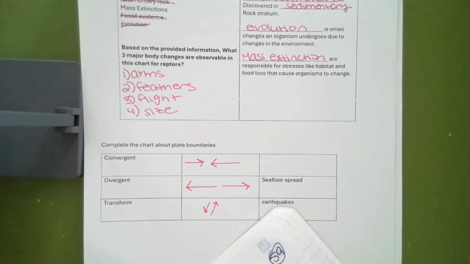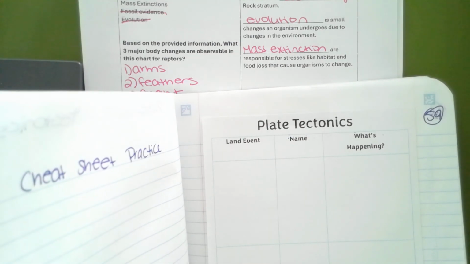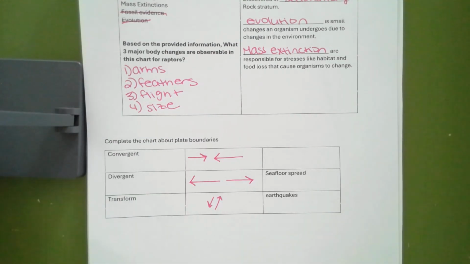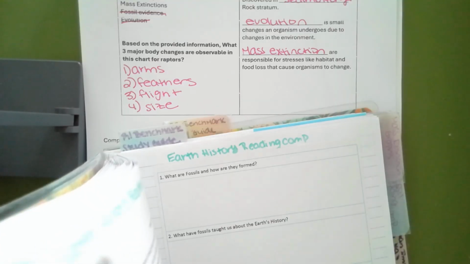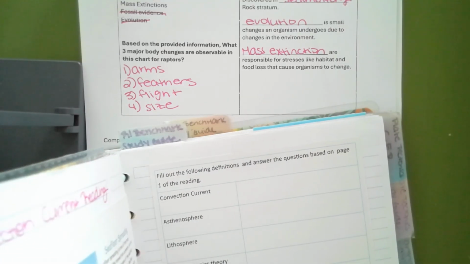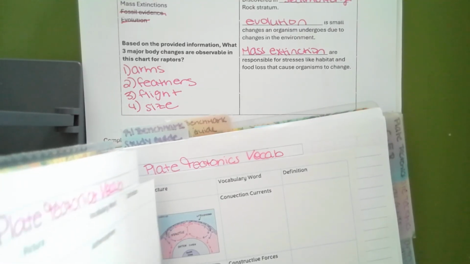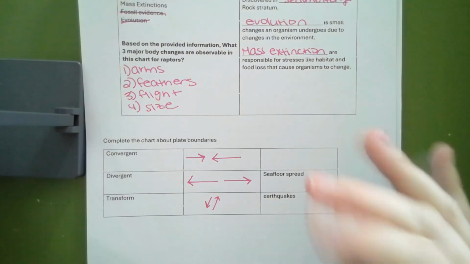Uh-oh, my cheat sheet is blank in here. Does anyone have that on them? Nope. Hold on. This is why I have like 3 journals. I'm tired. Earth history. Convection currents. Oh, there we go.